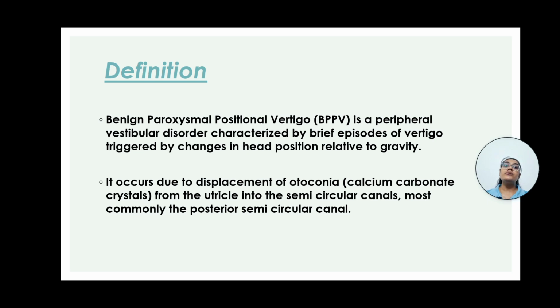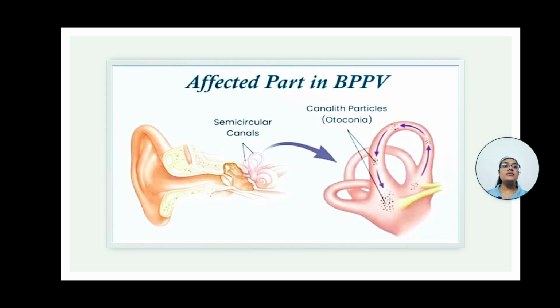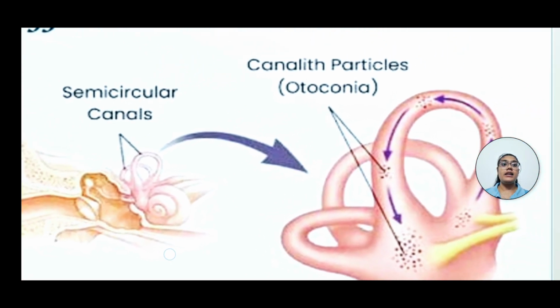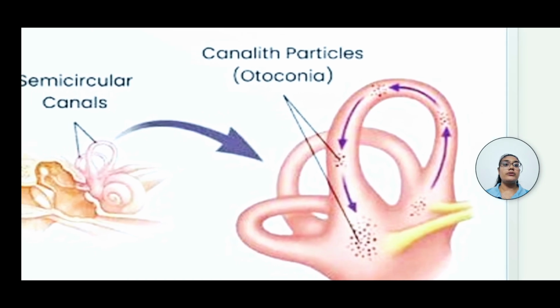It occurs due to displacement of otoconia, which are calcium carbonate crystals, from the utricle into the semicircular canal. Most commonly, the posterior semicircular canal is affected. This is the affected part in BPPV. You see in the picture, this is a semicircular canal and this is otoconia.